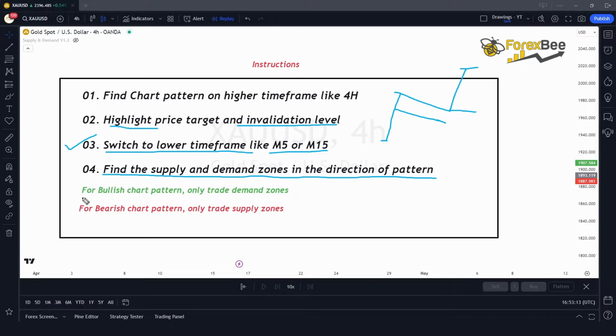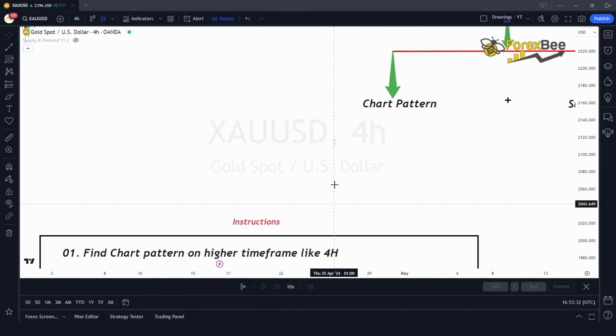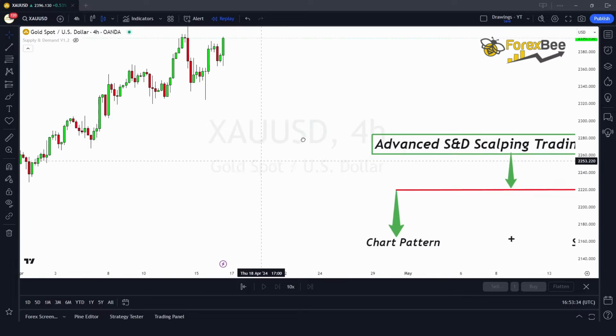Another thing you have to keep in mind is, for bullish chart patterns, we are only going to take the demand zones in our trading, and for bearish chart patterns we are going to trade only supply zones, because we want to trade in the direction of the trend, not against it. Now enough talk, let's see things in action.